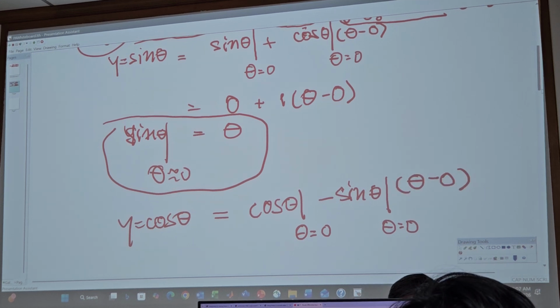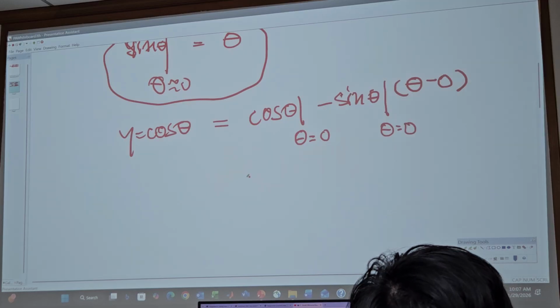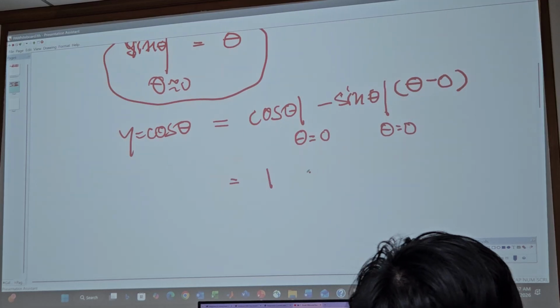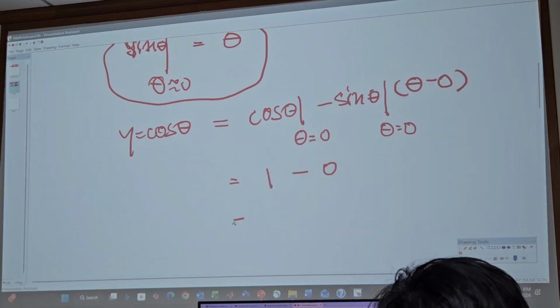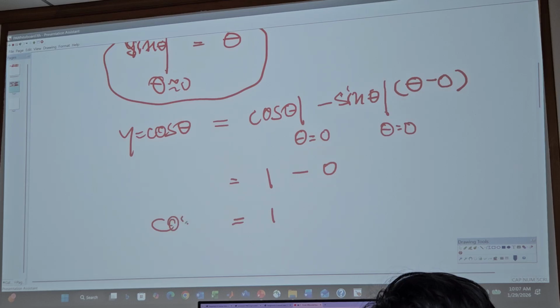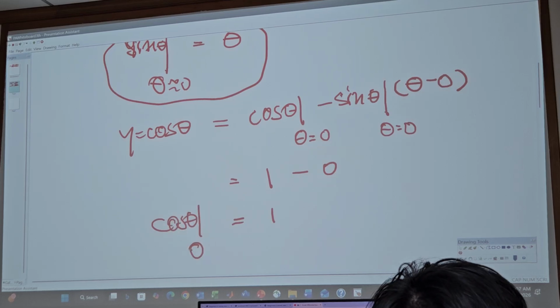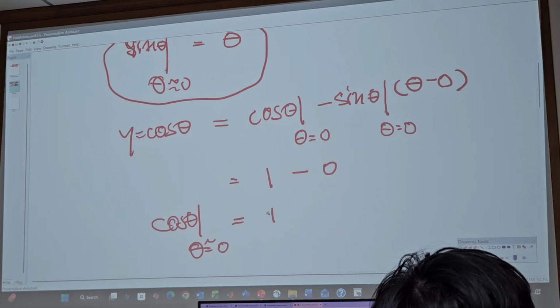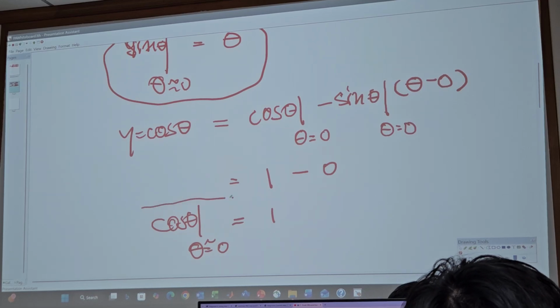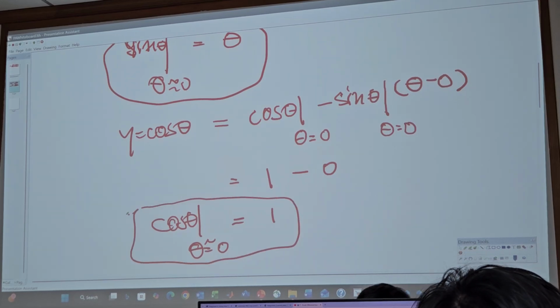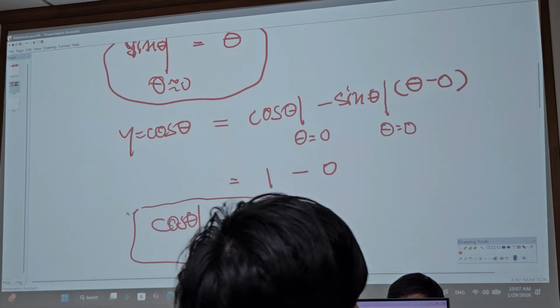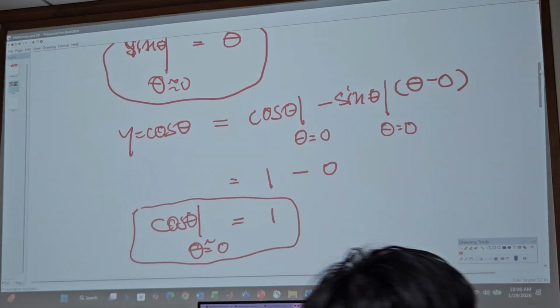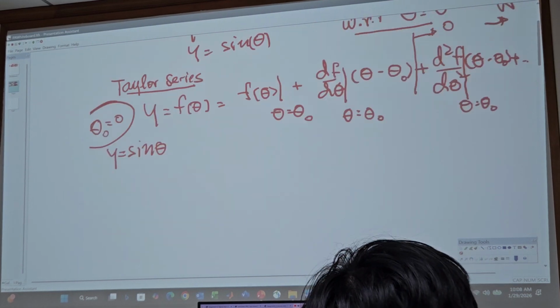So this one equals 1 minus 0, so cos theta approaches 1. See? So that's a proof anyway.